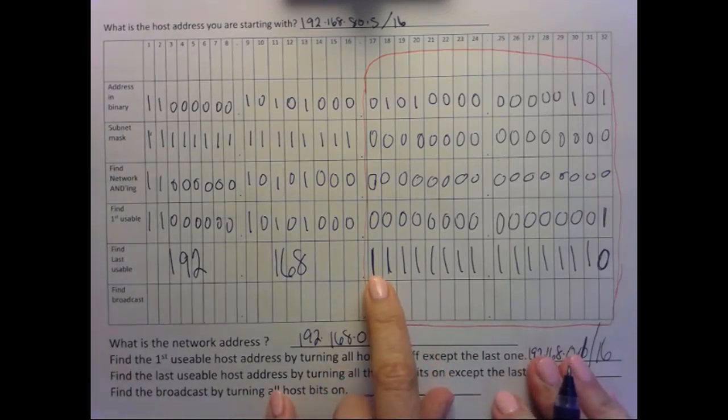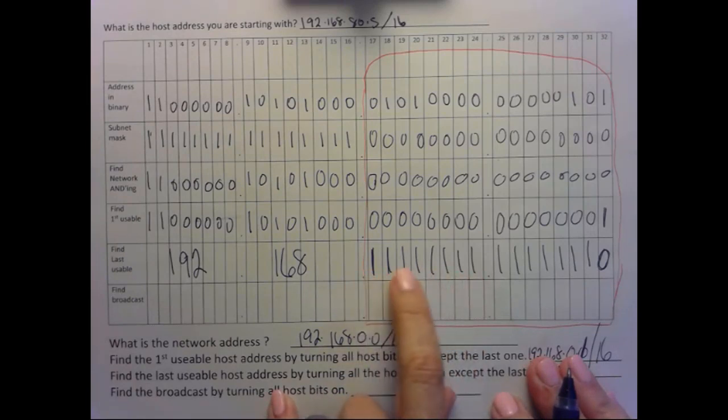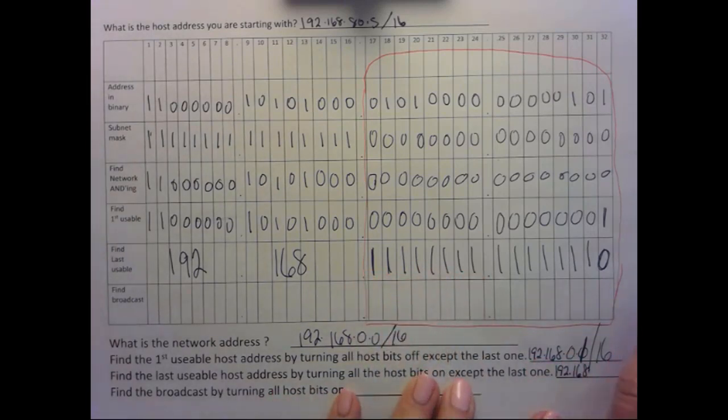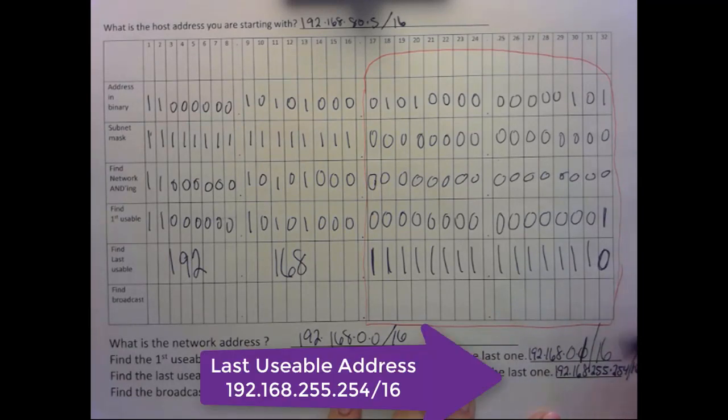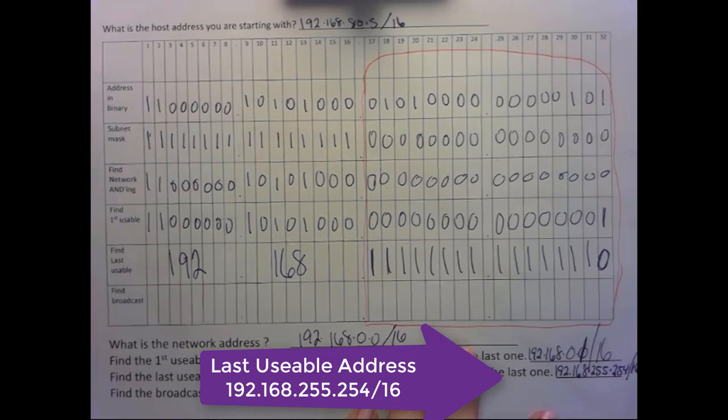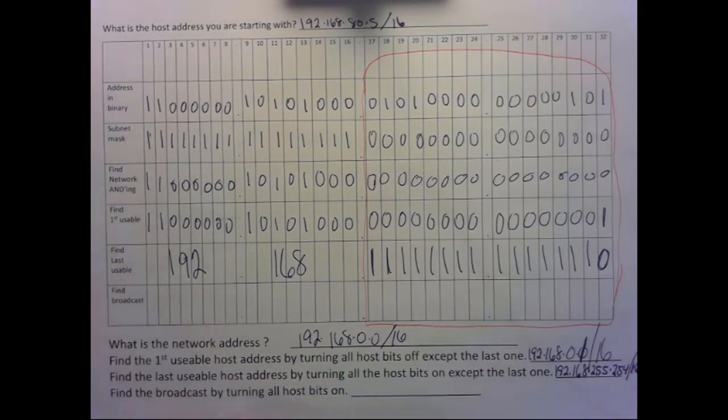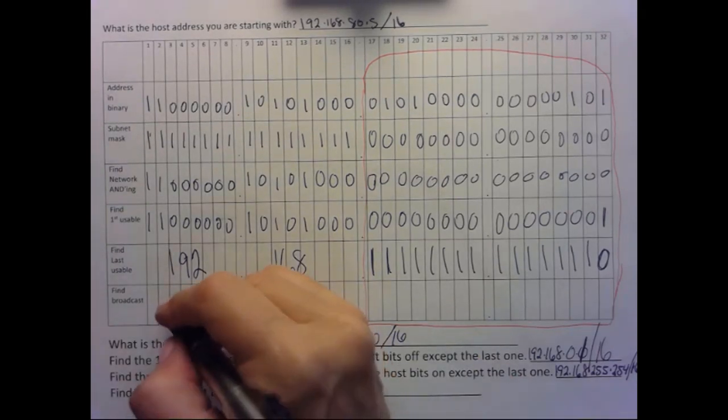Now what is this value? When every bit is turned on in the octet, it's 255. So it's dot 255. And now all of these are on except the last one. So it's dot 254 slash 16. Hopefully that's not cut off on the paper. So my last usable is 192.168.255.254 slash 16.